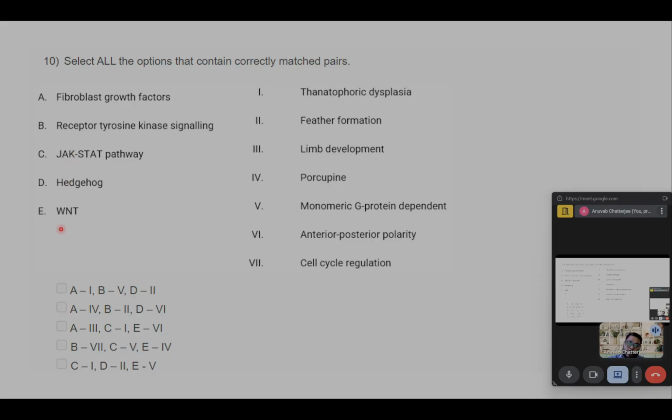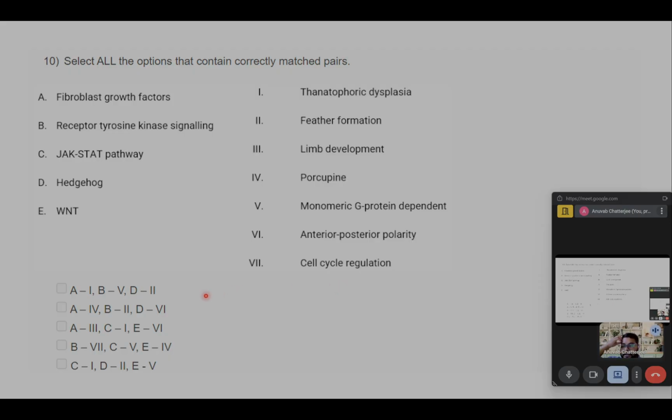Hedgehog signaling, Wnt signaling, and here we have different roles that all of these signaling might play: thanatophoric dysplasia, feather development, limb formation, porcupine, monomeric G protein dependent, anterior posterior polarity, and cell cycle regulation.